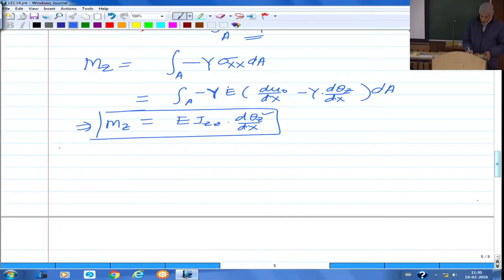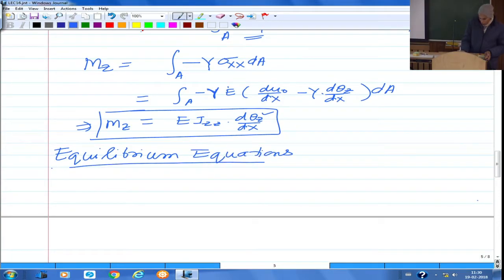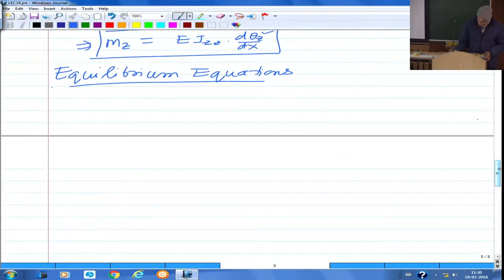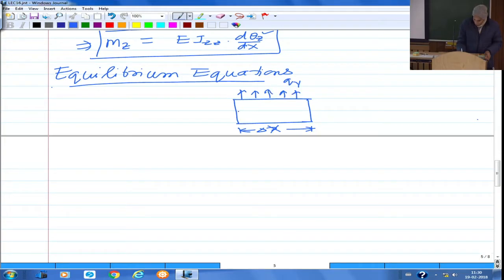So this is now coming to the equilibrium equations. I am not going to derive those equations again, but I will just briefly mention them. We take a small section of length delta x as usual, and then draw its free body diagram. The forces are the transverse force, say qy, and the axial distributed force, let us say qx, and then the cross-sectional forces.